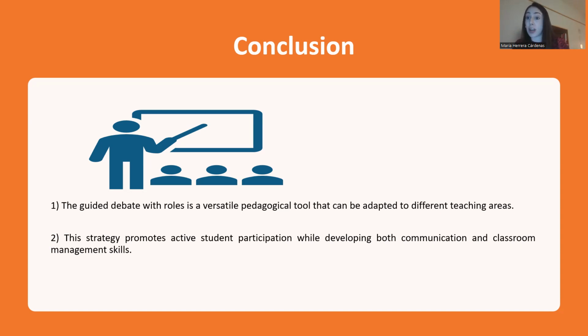And finally, this strategy promotes active student participation, and at the same time, it helps students develop both communication and classroom management skills.